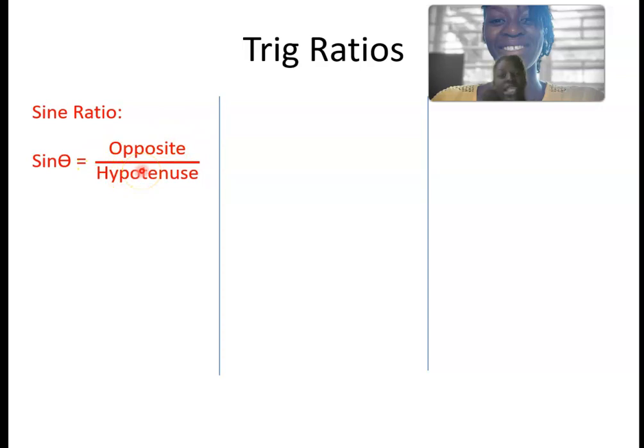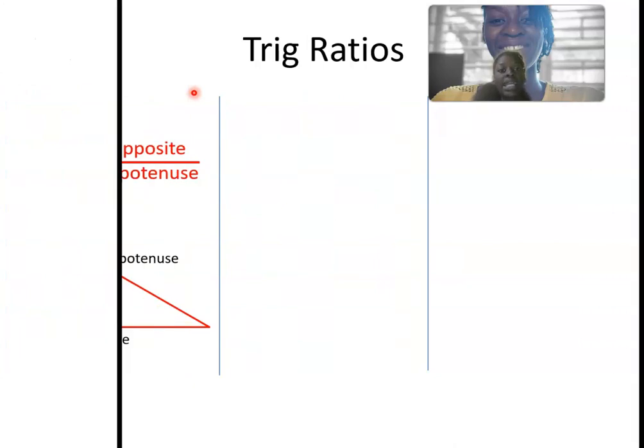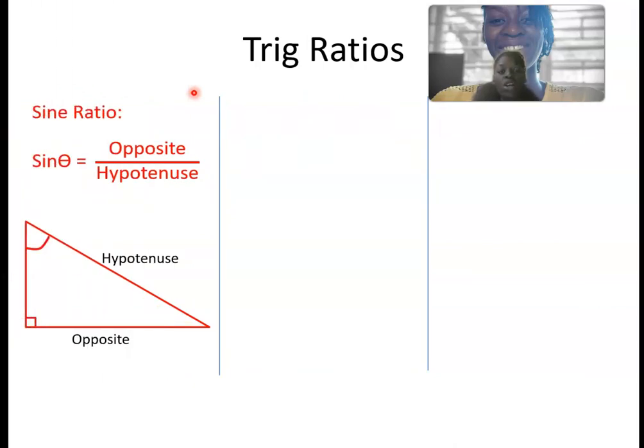So it's the side opposite to the acute angle divided by the hypotenuse. So the sine ratio would be the ratio that you would use to solve a problem that involves the hypotenuse and the side opposite to the angle.